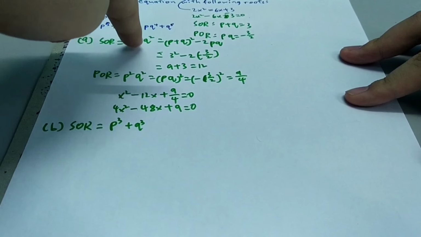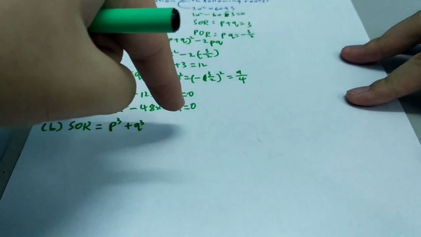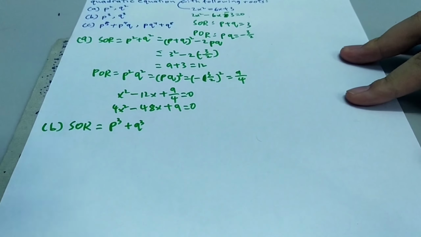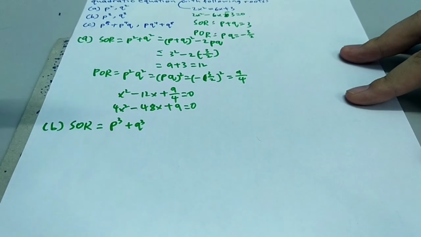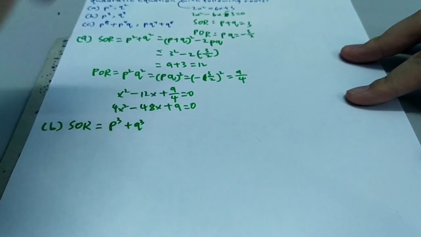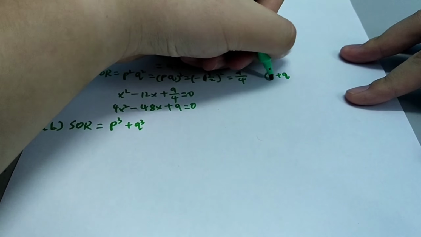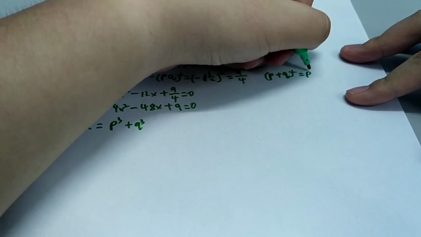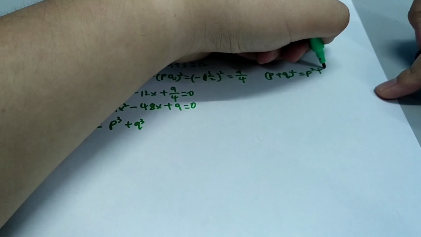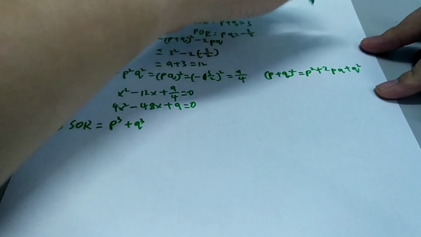What if we express it in terms of (p plus q) cubed? But what is the value of (p plus q) cubed? Now here's the thing. (p plus q) squared is equal to p squared plus 2pq plus q squared, right?